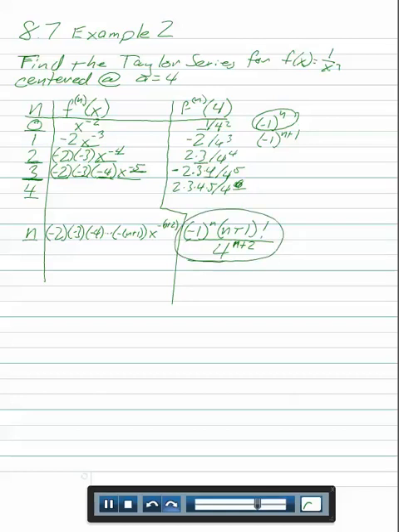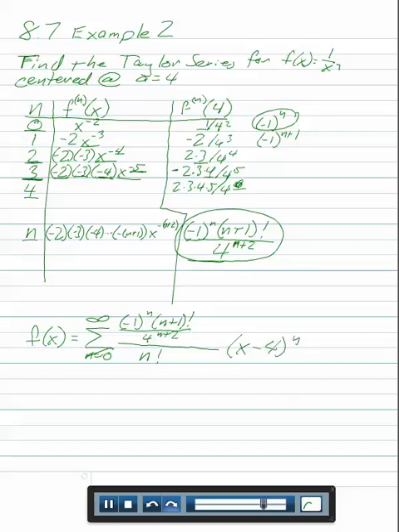So if we were going to write it out, we would say that f of x is the series from n equals 0 to infinity, where this is our numerator, negative 1 to the n times n plus 1 factorial, over 4 to the n plus 2. That's our numerator, all over n factorial times x minus our center, in this case 4, to the n.